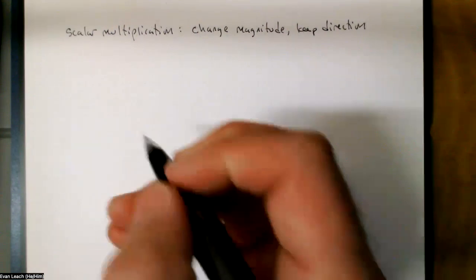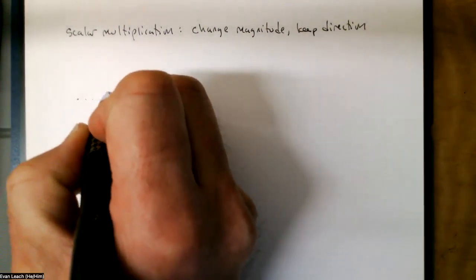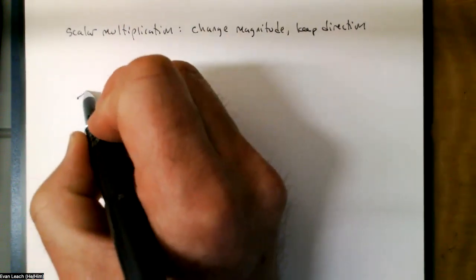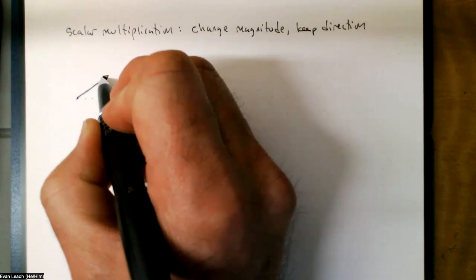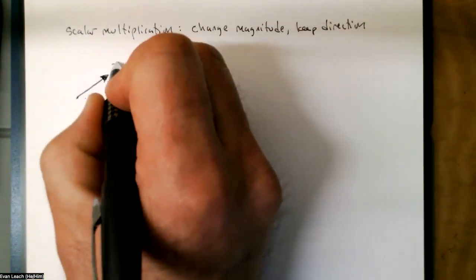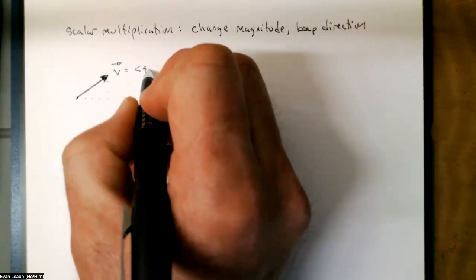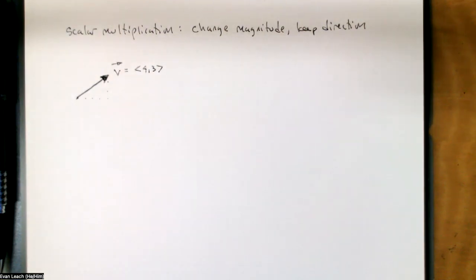So for example, if this vector v is equal to 4, 3, if I multiply this vector by the scalar 2, I will double the magnitude of the vector.